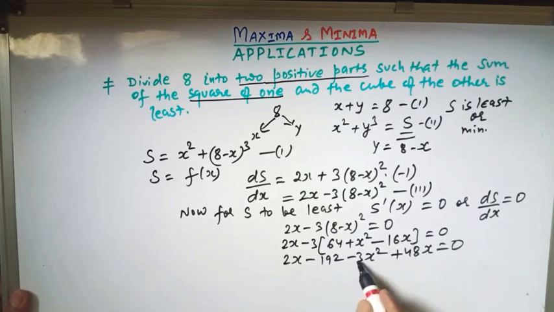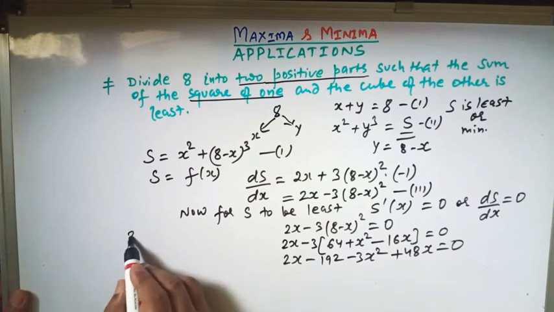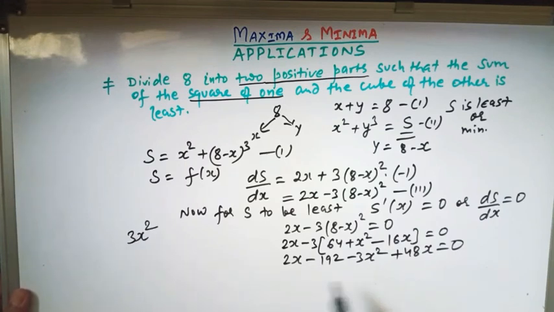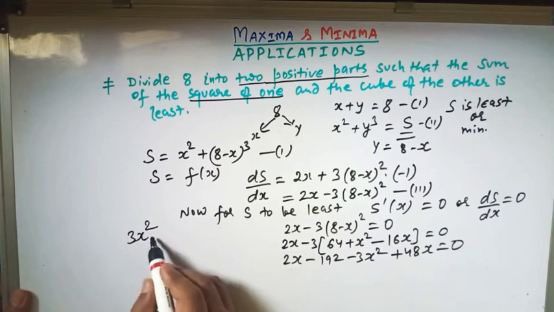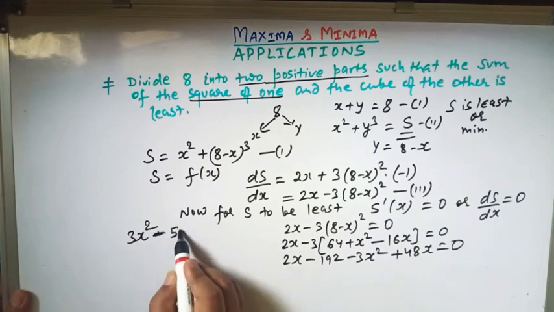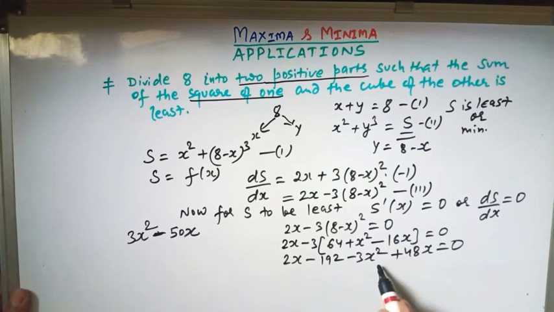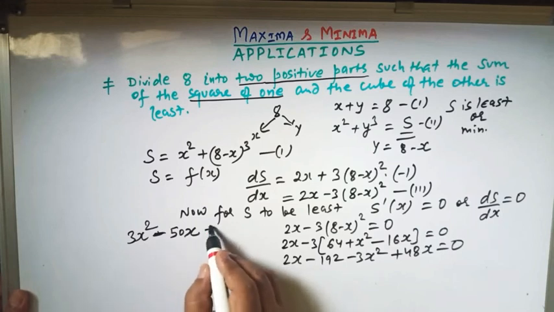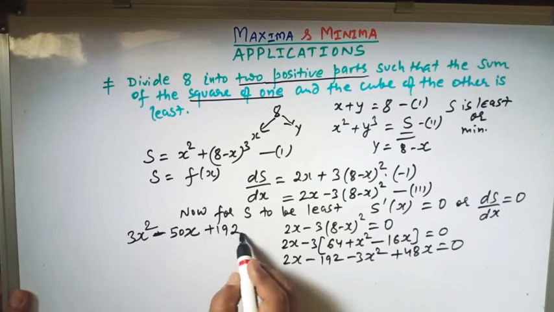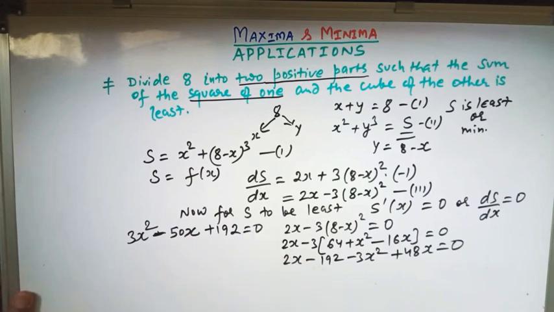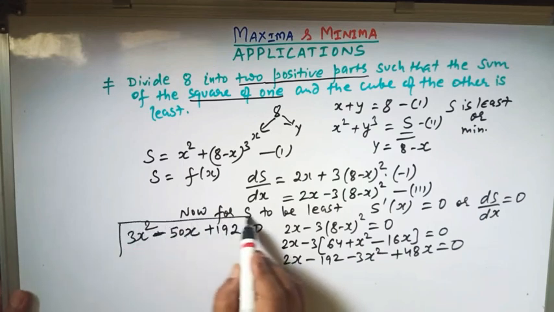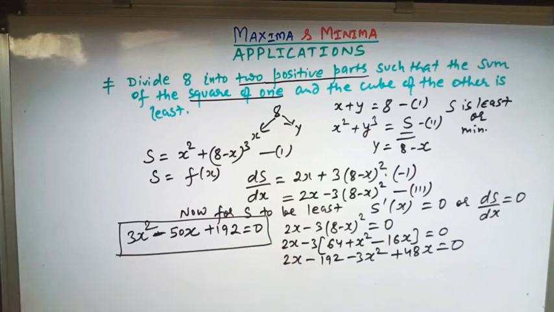So if we arrange this equation, we can write 3x square, and this is 48 plus 2, 50x, so we have minus 50x, plus 192, equal to 0. So here we have this quadratic equation. Now we have to solve this quadratic equation.